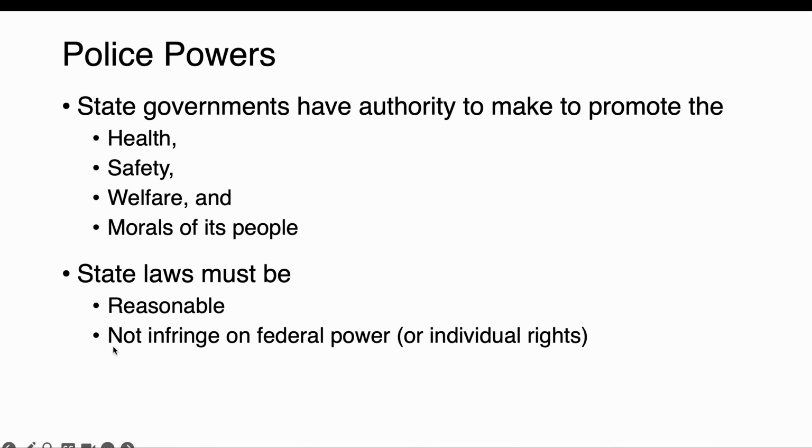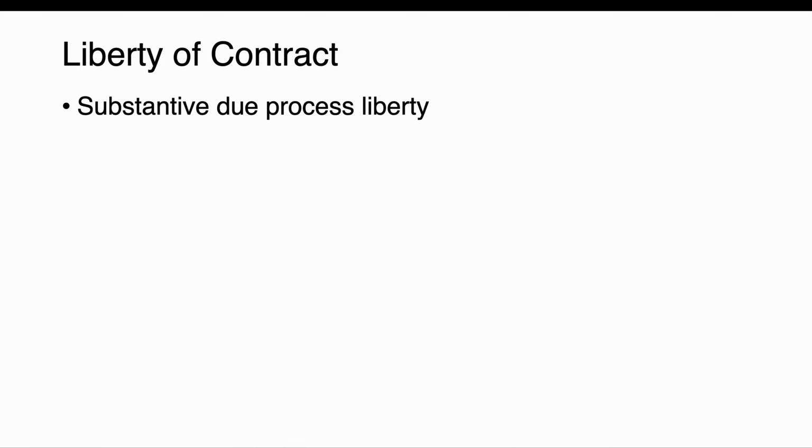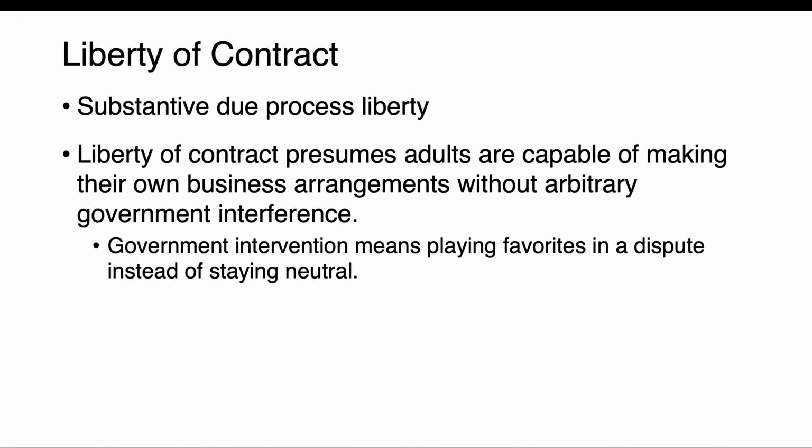And then, of course, state laws can't step on the toes of the federal government, as we learned in McCulloch versus Maryland. And again, state governments can't take away individual rights. So, what right are we potentially talking about in this case? That's liberty of contract. And remember, we talked a little bit about substantive due process in the Mugler lecture.